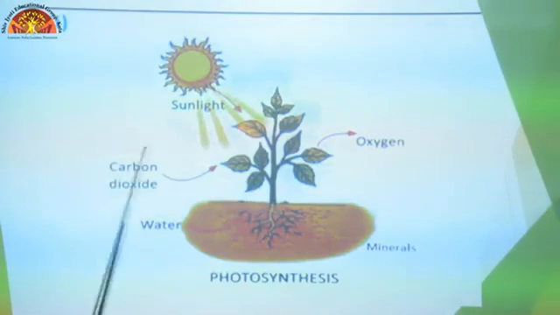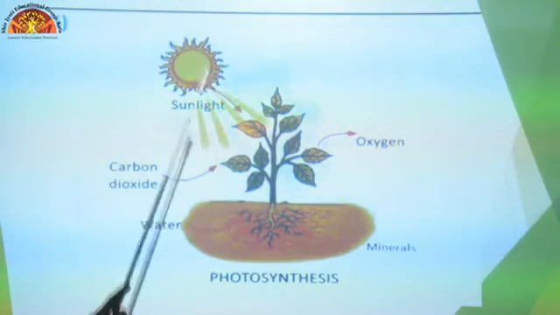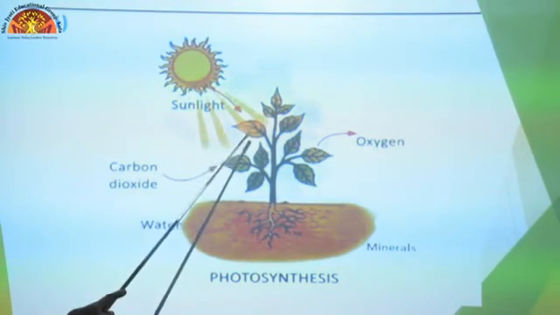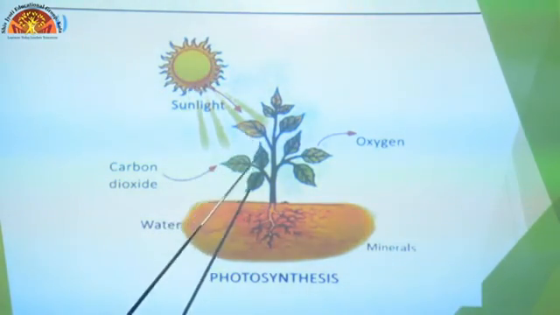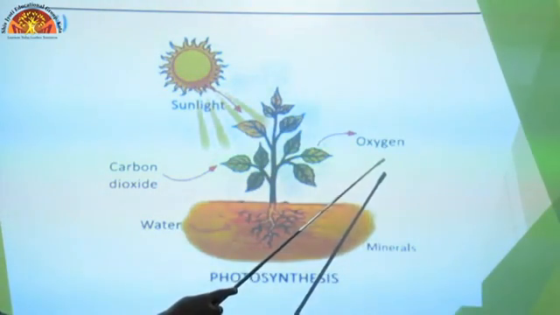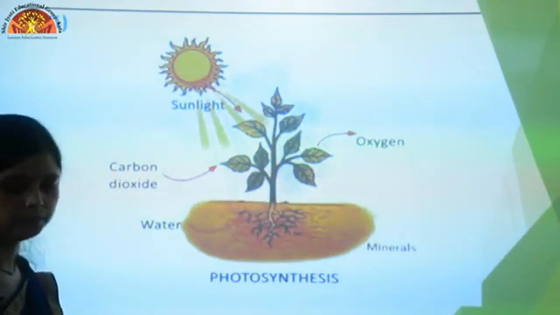Then plants are taking carbon dioxide from the surrounding air into their leaves through stomata, and they are taking sunlight which chlorophyll absorbs, which is present on leaves, and during the process they are giving out oxygen. You can see oxygen here. So this is the complete process of photosynthesis.